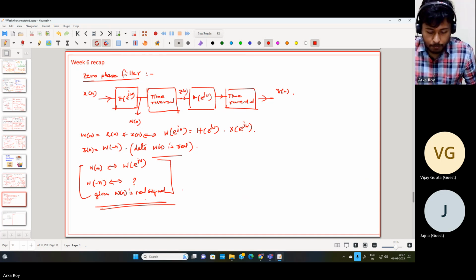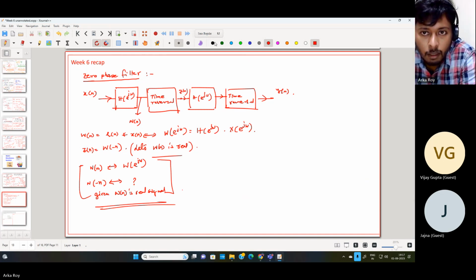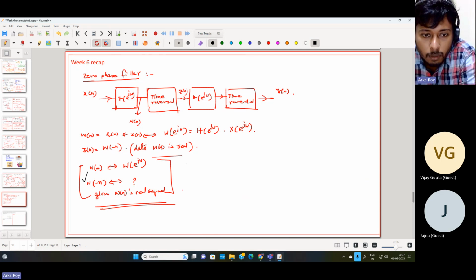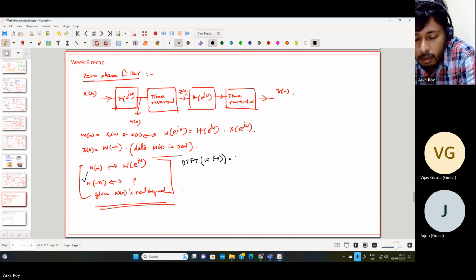This thing we have seen in lecture 2. In lecture 2, we talked about and solved several problems on DTFT. So let us start finding the DTFT of w of minus n.